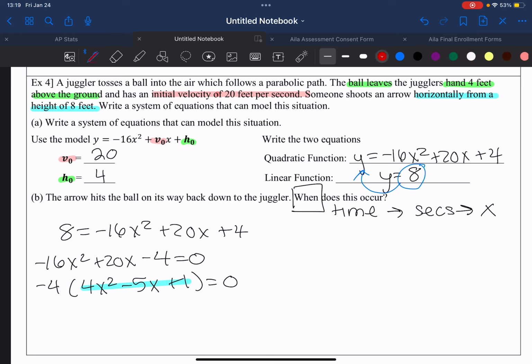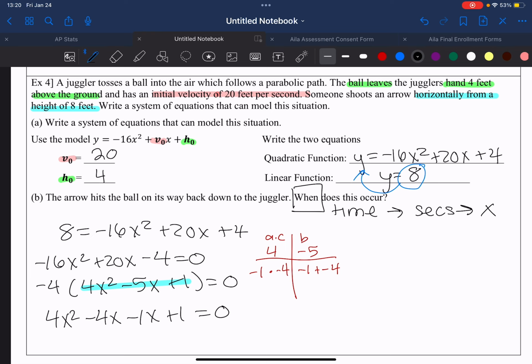So I need two numbers that multiply to 4, because that's A times C, but add to B, which is negative 5. Okay, so it's going to be negative 1 times negative 4, or negative 1 plus negative 4 to give us negative 5. So then that is the same as saying 4x squared minus 4x minus 1x plus 1 equals 0.